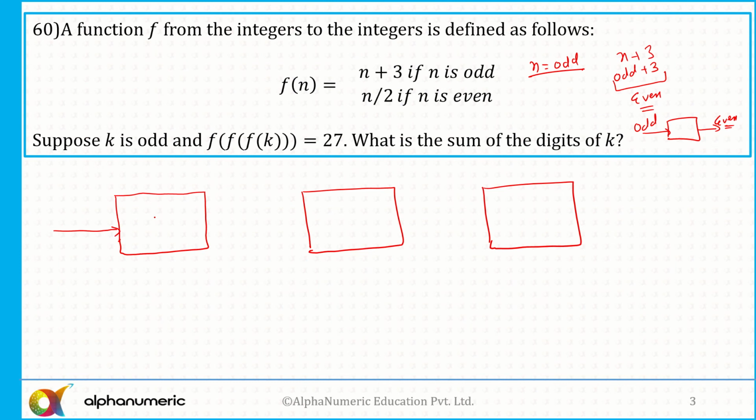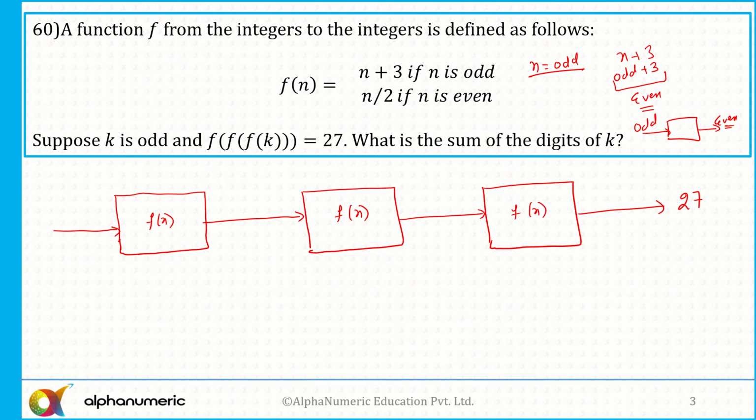It will pass through the first machine, that is f of n. Then the output of the first machine will pass through the second machine, f of n, and the output of the second machine will pass through the third machine, f of n. And from the third machine, we are getting the output as 27. So my question is, what will be the input of the first machine? That is what I need to identify.